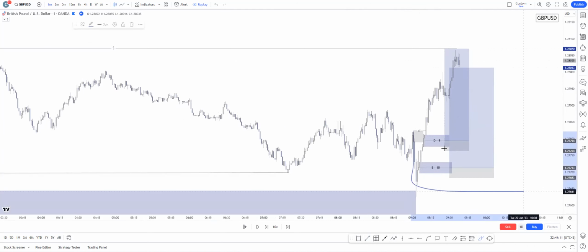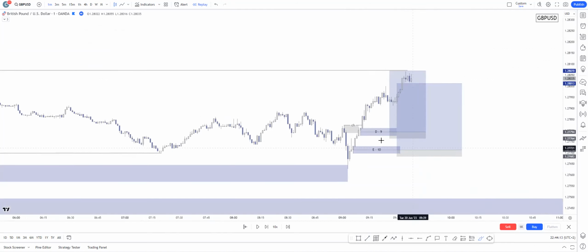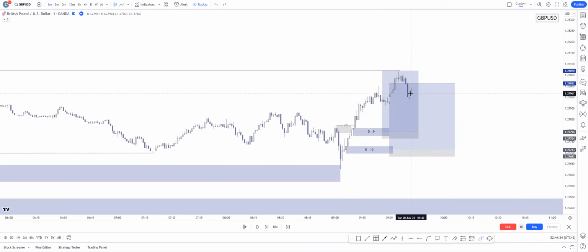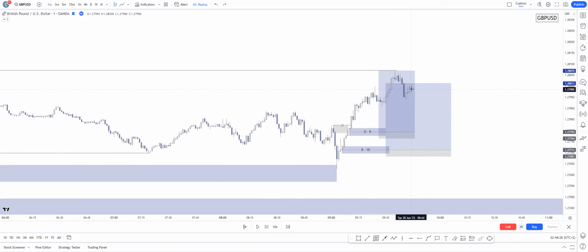That can be possible higher time frame zone, and in this case, these orders right here would be a bit more riskier than after this change of character. So let's see, but let me play price forward a bit more because I don't want to spoil the price action.